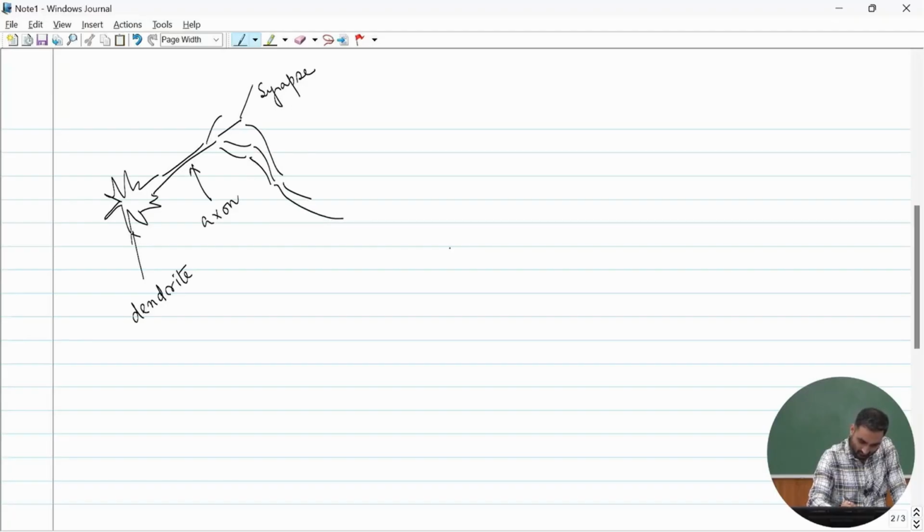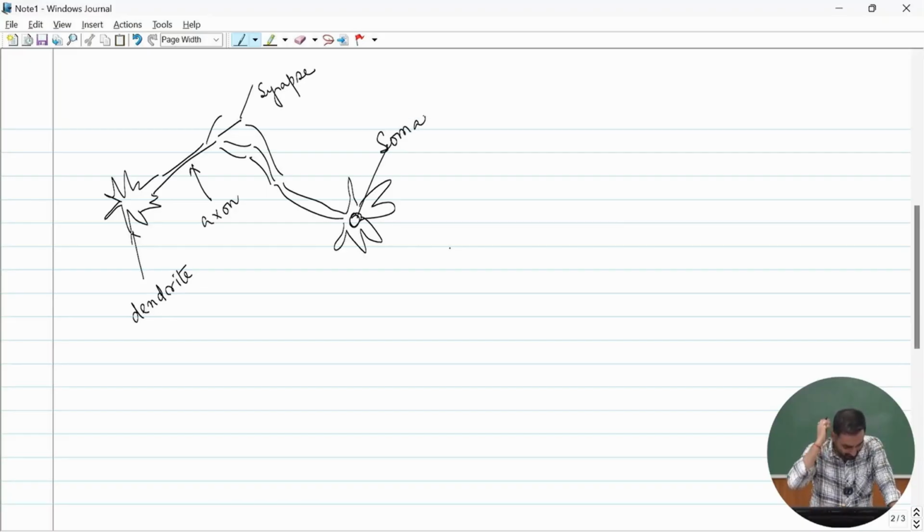You can think of another neuron here, right? Sorry for the bad drawing, but yeah. Through synapses, you collect signals from other neurons, you pass them through the axon, and then you basically do some processing here. This is the central part of the neuron, which is called the soma, right?